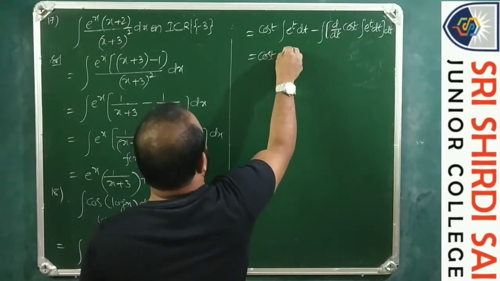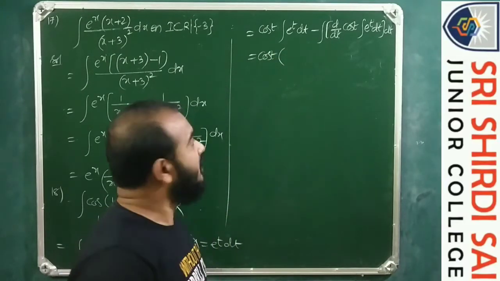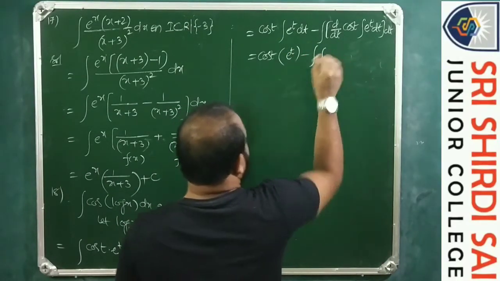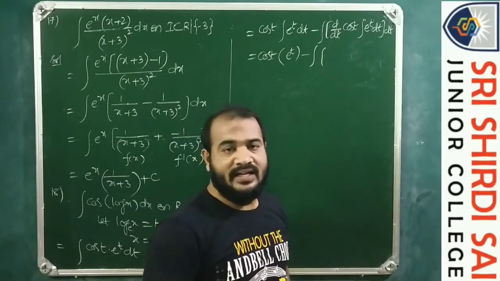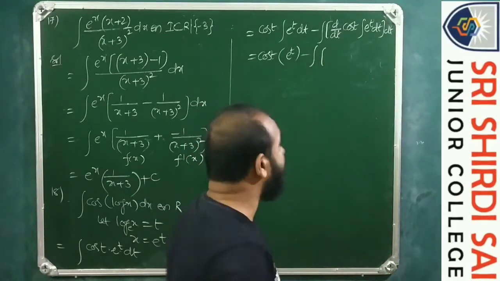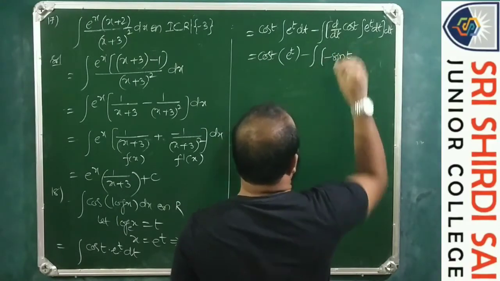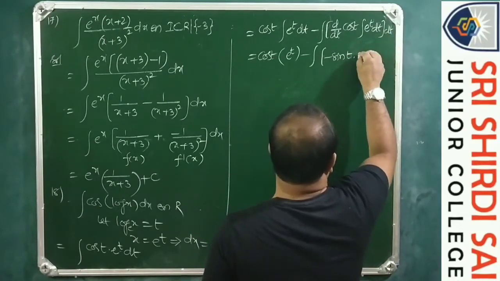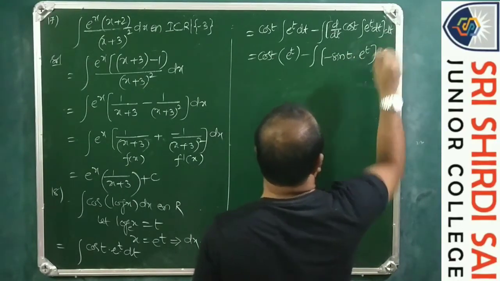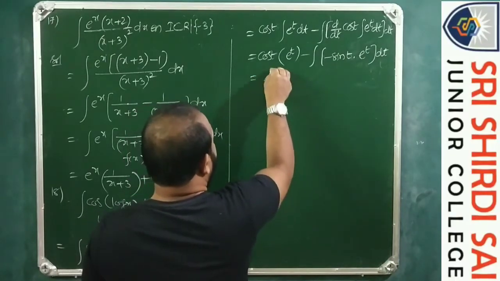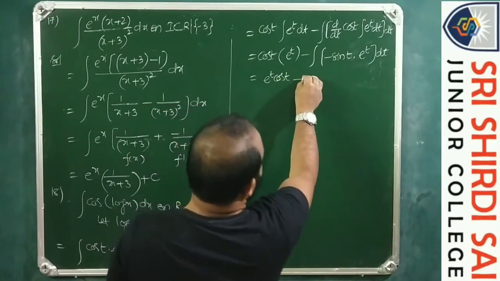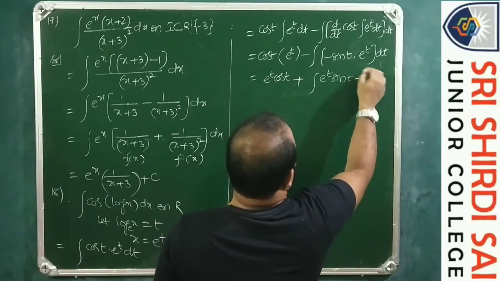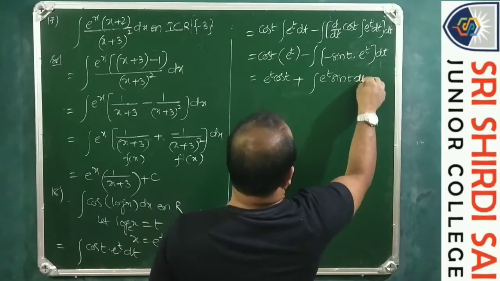So cos t into integral e power t dt is e power t, minus d by dt of cos t, which is minus sin t, into integral e power t dt is e power t dt. So this is equal to e power t cos t, minus into minus plus, so plus integral e power t sin t dt.